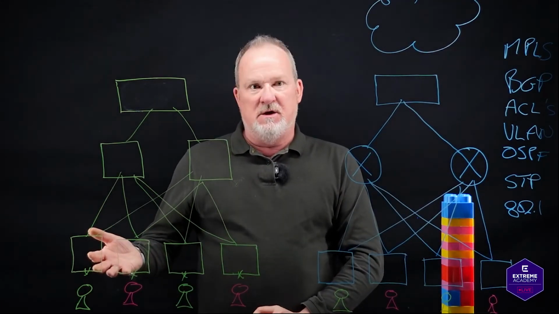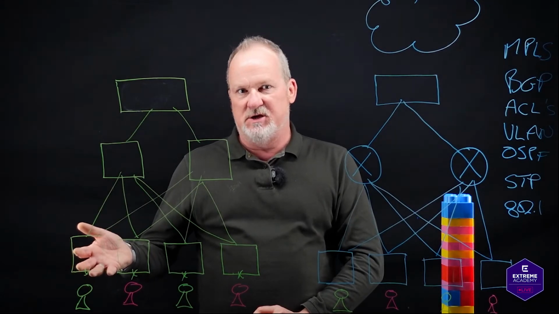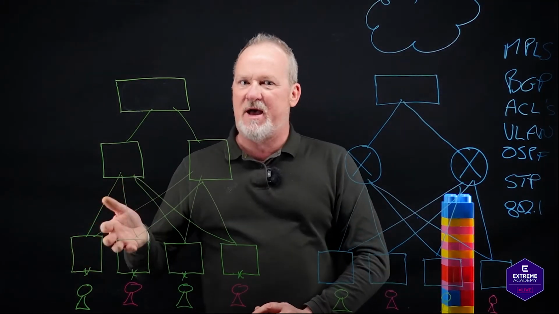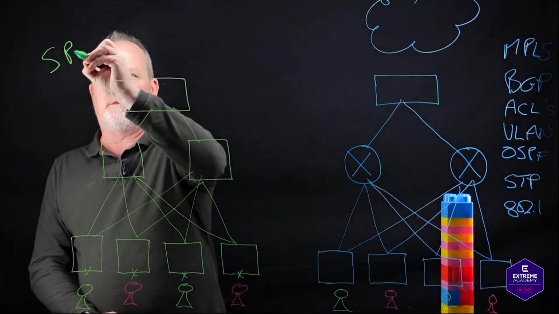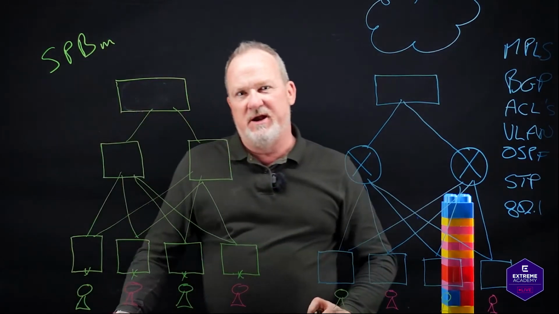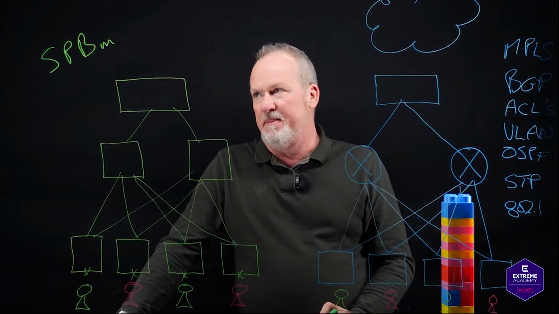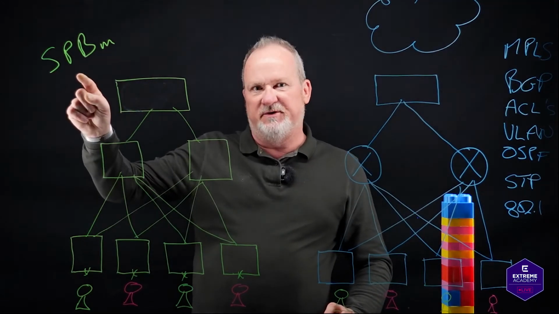Over here, a real simple approach, Fabric Connect, shortest path bridging, MAC in MAC. Let's just spell that out, shall we? Shortest path bridging with a small m to denote MAC in MAC encapsulation. Really simple. Quick time to value.